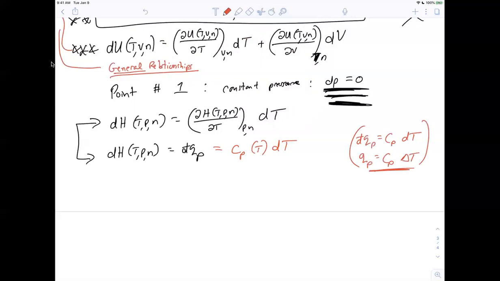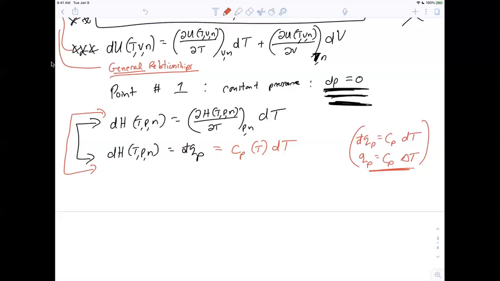Now we're going to see a more fundamental definition of Cp that arises from these two expressions that we've derived beginning with the first law of thermodynamics. When you go back to look at this lecture, you'll realize that they arise from the first law. One thing I will tell you now, and keep this in mind, write it down in your notes: everything from now on is going to stem from the first law.